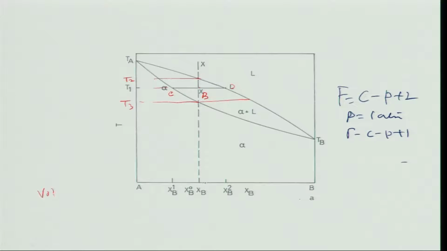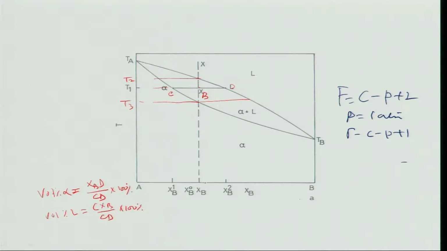So, the volume percentage of alpha is given by XD divided by CD into 100, because it is a percentage. If alpha is lying on your left, for volume fraction measurements you have to consider the arm on the right of the fulcrum, not on the left. For the liquid it is the same way: it is equal to CX divided by CD into 100%.